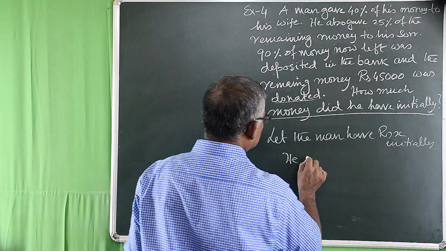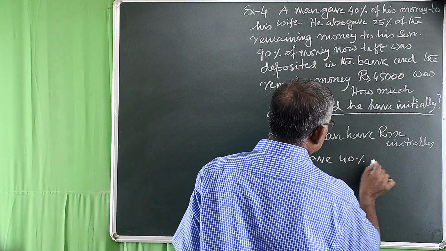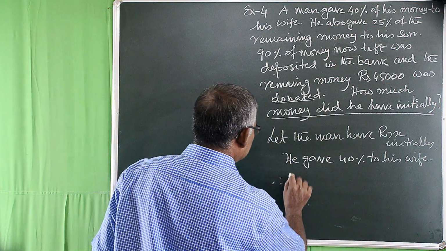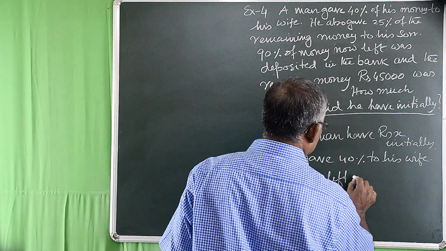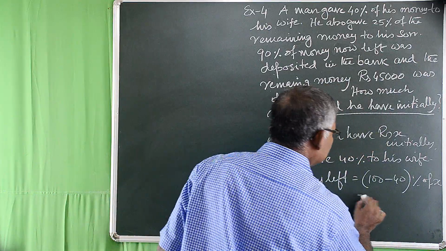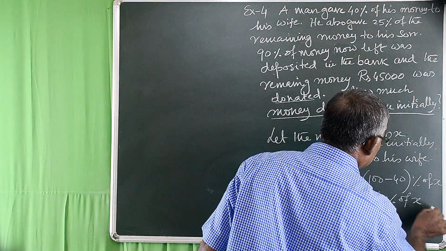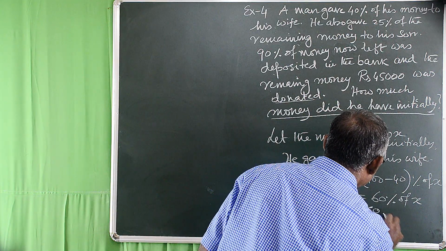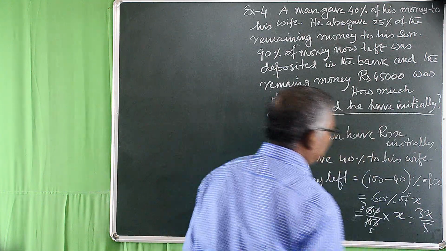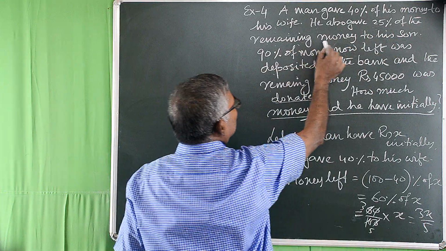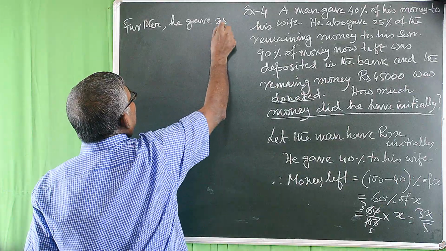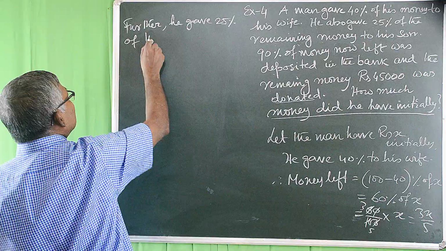He gave 40% to his wife. Therefore, money left equals 100 minus 40% of x, that is 60% of x equals 60 by 100 into x, that is 3x by 5. Further, he gave 25% of the remaining money to his son.